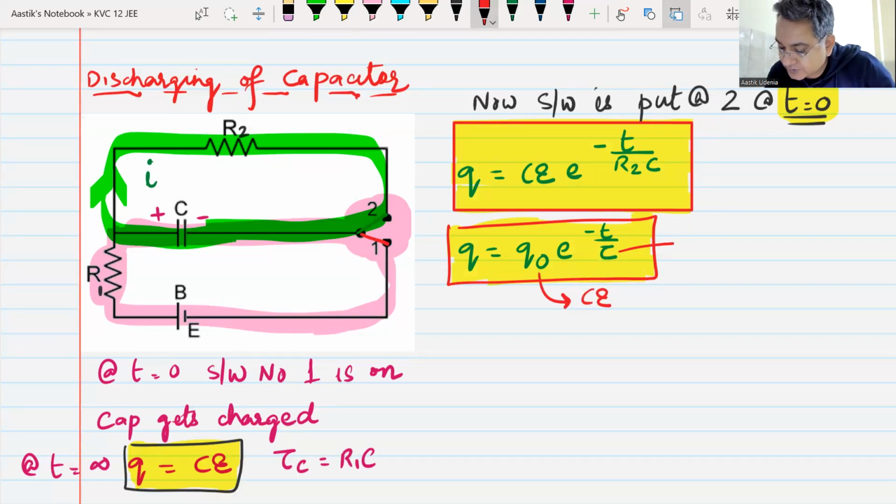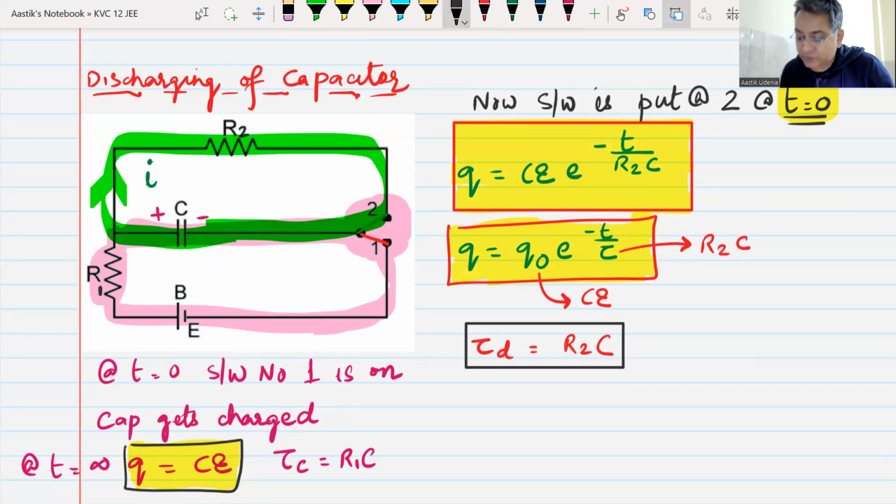This tau is the time constant of the discharging circuit, and here it is equal to R2 into C. Tau D, for discharging, is R2 into C. As you can see, it is different from the charging circuit because the value of the resistance is different.